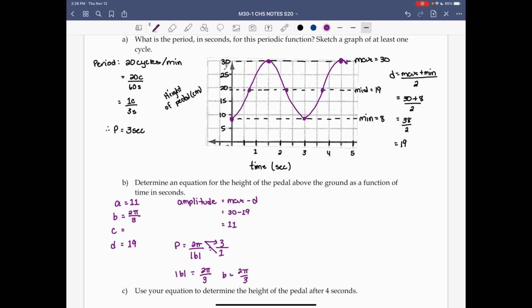Then I just need to figure out my phase shift, the C value. I can write this function as a sine function or as a cosine function. You can look at the midline of our graph and think of it as the x-axes for the graphs y equals sine x and y equals cos x.